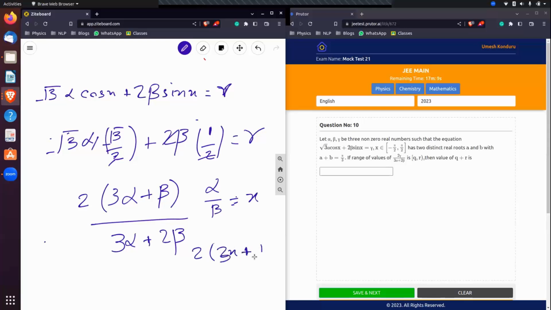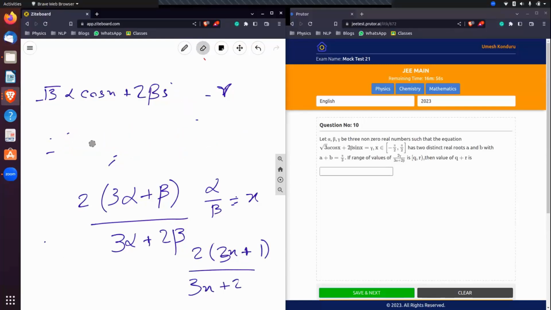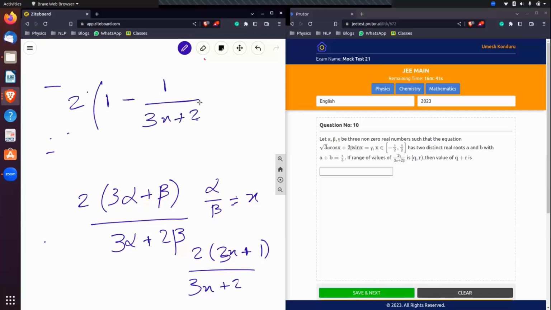3x plus 1 divided by 3x plus 2. So I can write it further as 2 times of 1 minus 1 by 3x plus 2, and this can take on values from minus infinity to infinity.